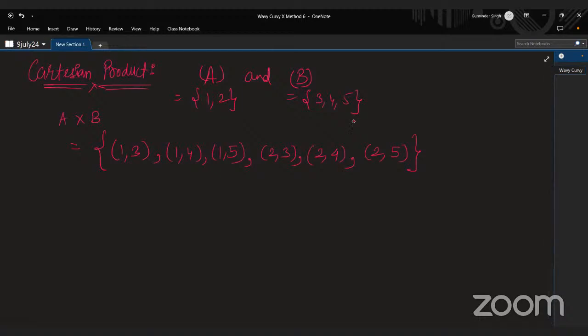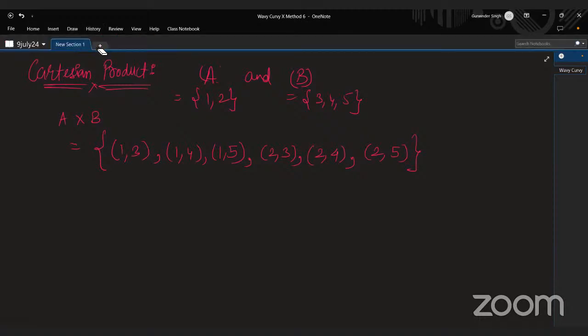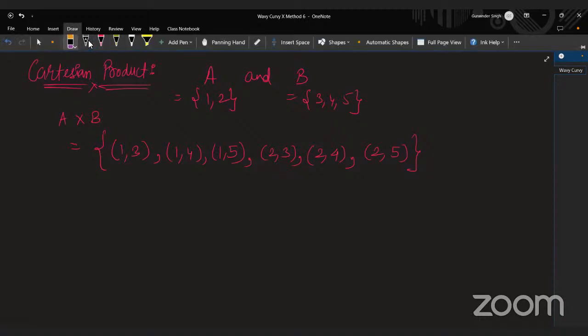Okay, anyways. So Cartesian product: if we have a set A and a set B, set A is represented as 1 and 2, and set B is 3, 4, 5. So A cross B is a set where the elements of the first set and second set come in the form of ordered pairs.